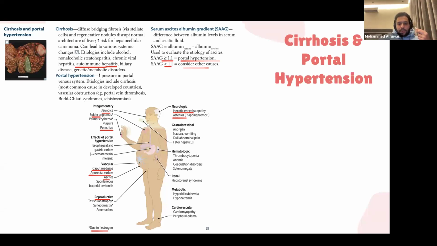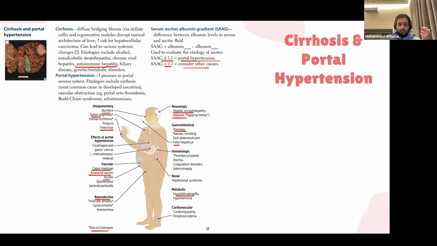Now, these are general signs. You have anorexia, GI signs, nausea, vomiting, abdominal pain, and something called fetor hepaticus, which is basically a smell on the breath. It's a fishy smell. Anyways, hematologic, you have thrombocytopenia, anemia, coagulation disorders, splenomegaly, we've discussed this. Renal, they have something called hepatorenal syndrome.